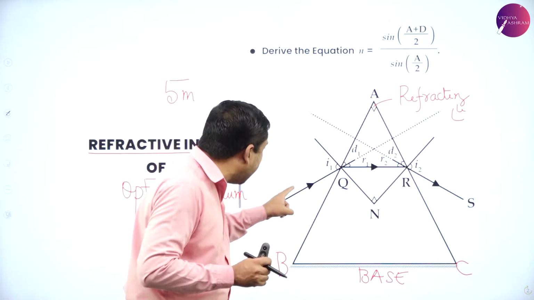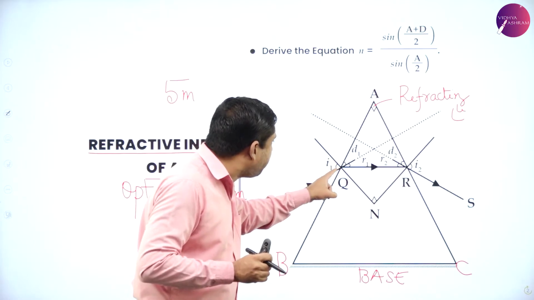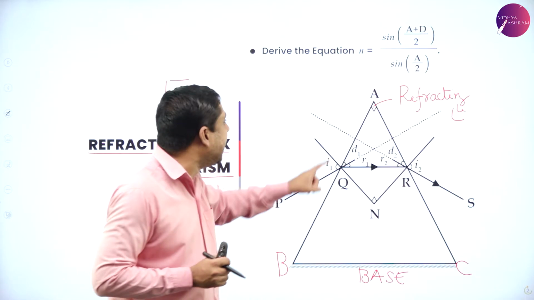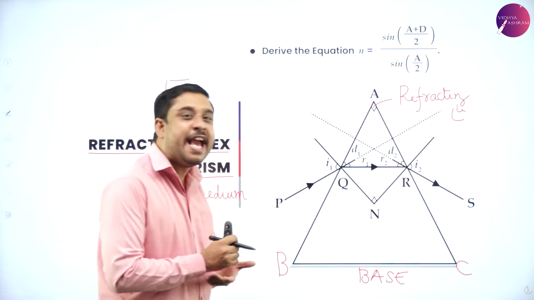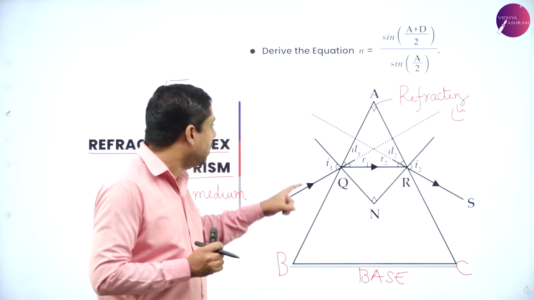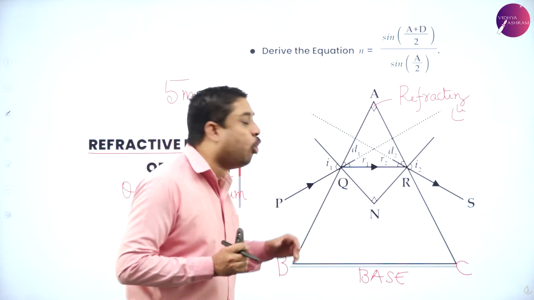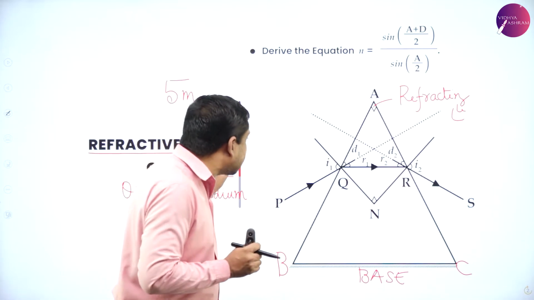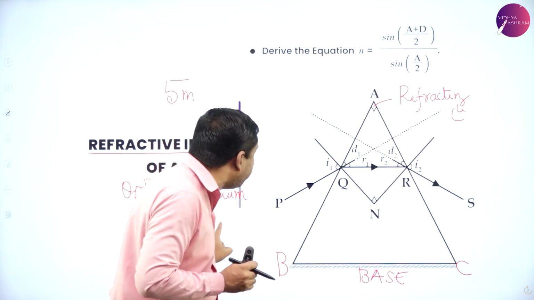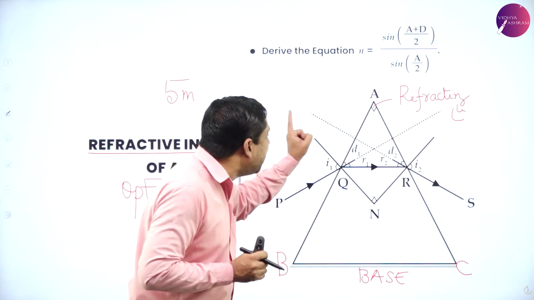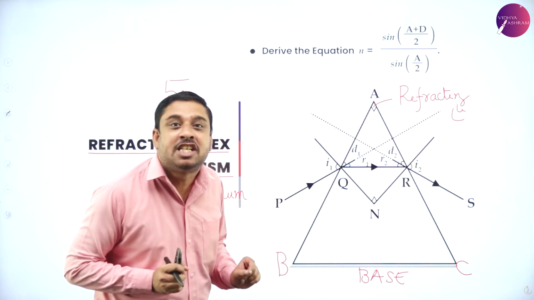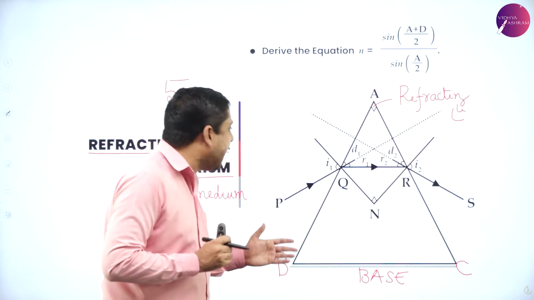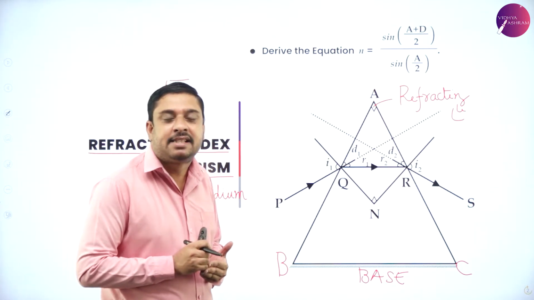A ray of light PQ is incident on the face AB. So PQ is the incident ray. It is traveling from a rarer medium and falling on one face of the prism. Now AB is a refracting surface.